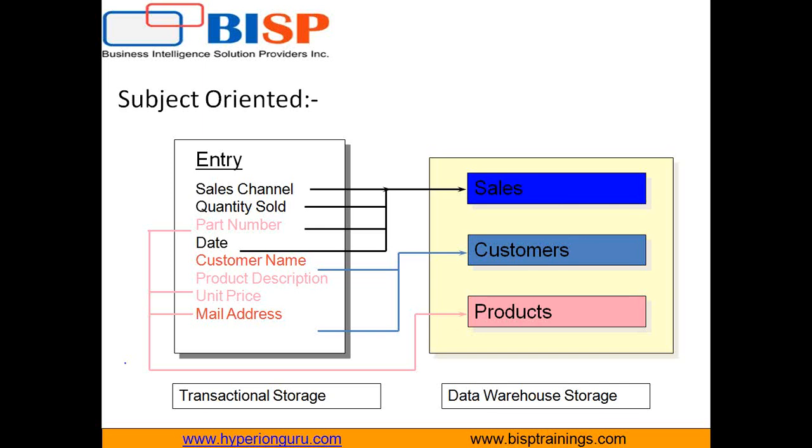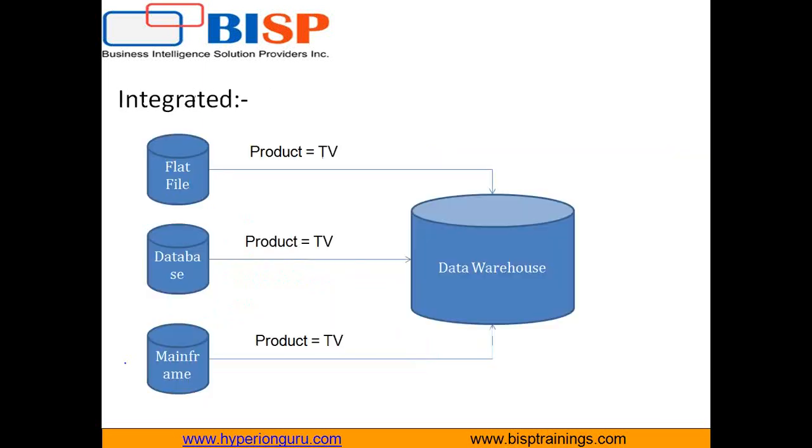Now, the next property of data warehouse is it is integrated. Now, why is it called integrated? Suppose you have a data warehouse which gets data from 3 different sources.